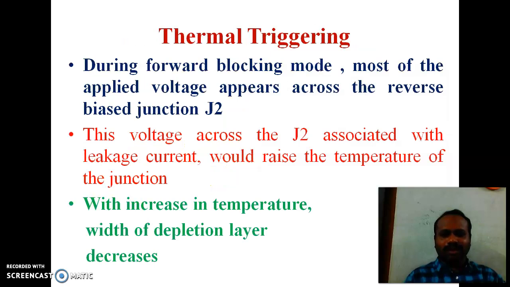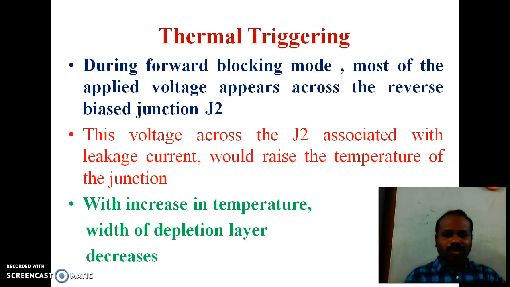Next, thermal triggering. During forward blocking mode, most of the applied voltage appears across the reverse biased junction. We know that during the forward blocking mode, that is when anode is positive with respect to cathode, the thyristor is in the forward blocking state up to the breakdown voltage.